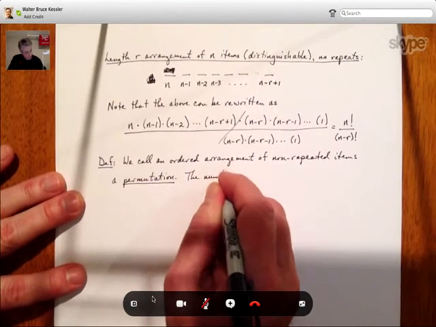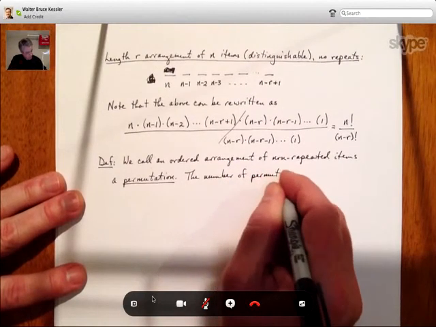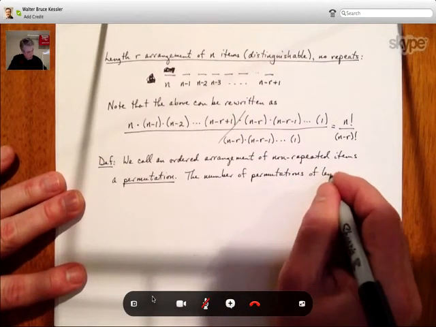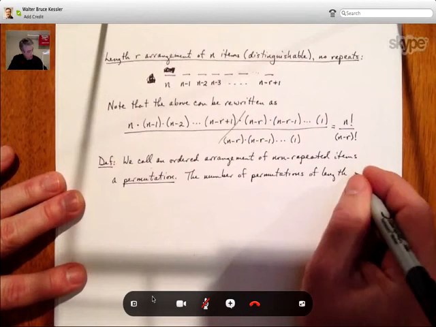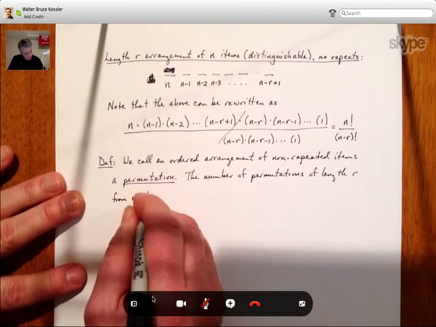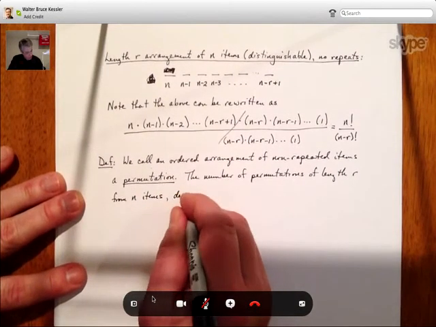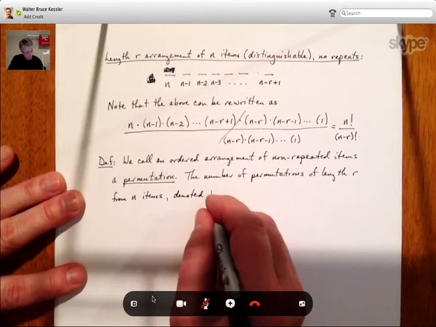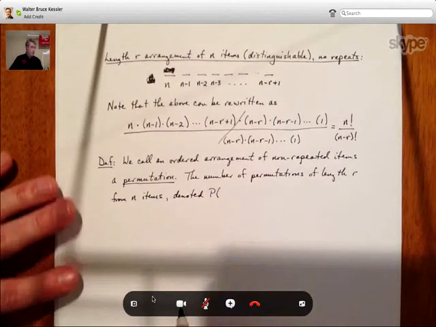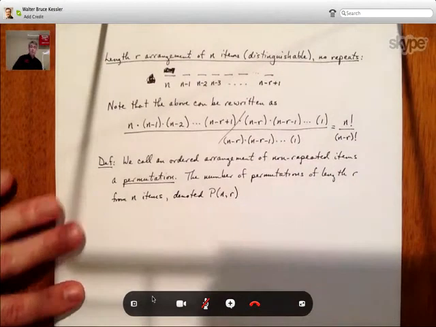The number of permutations of length r from n items, which we will denote with a big P here, capital P, and then n comma r.